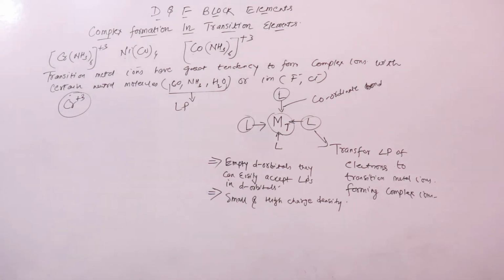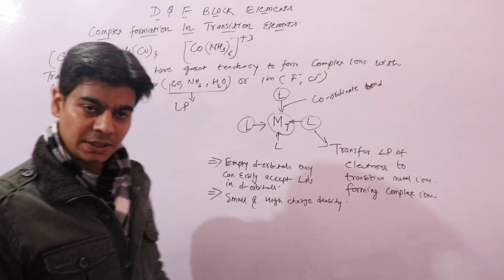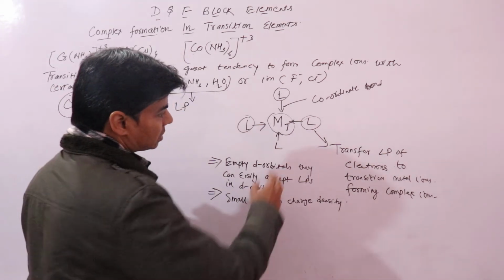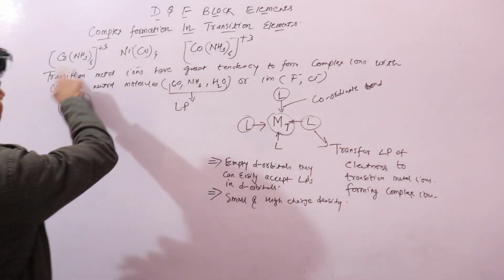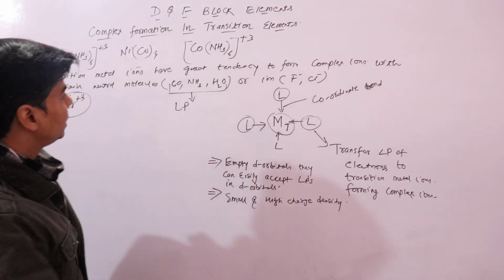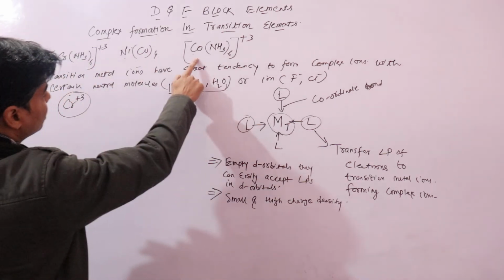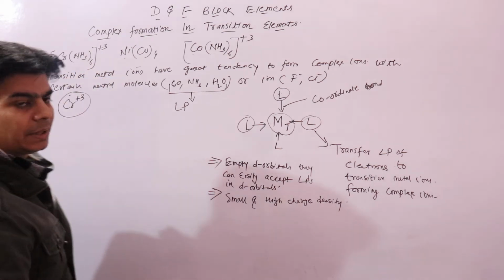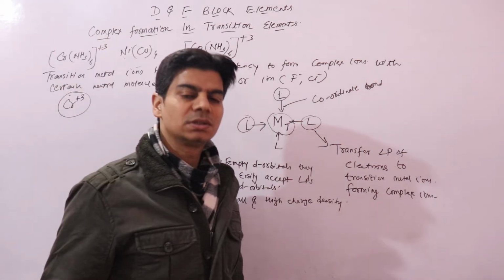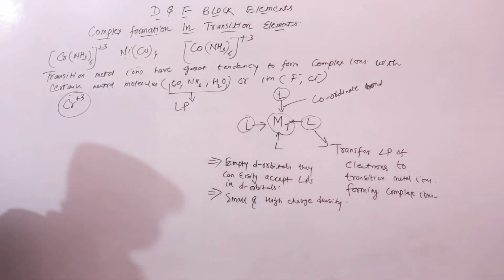And in the next chapter, in coordination compounds, we'll see how exactly these complex ions are formed, because in the formation of these complex compounds, hybridization of these transition metal ions takes place. We'll be doing this in detail in the next chapter.